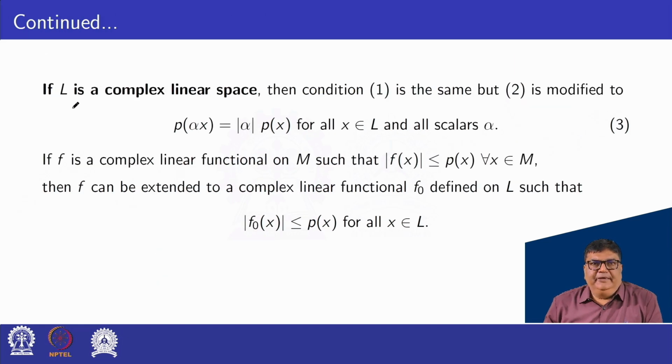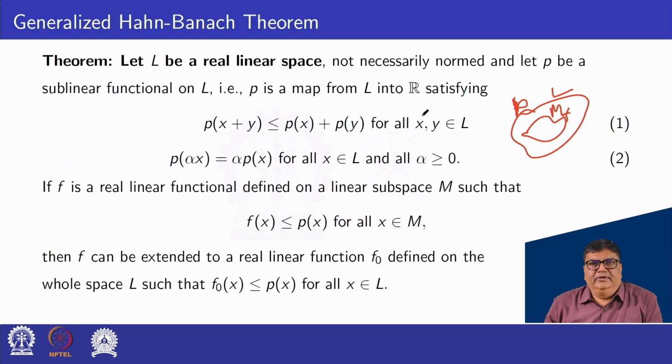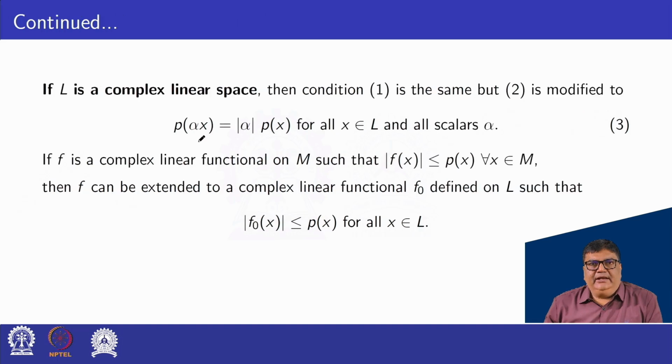And if L is a complex linear space, then condition 1 is the same, but the second condition is P of alpha x equal to mod alpha into Px for all x belonging to L and all scalars alpha.